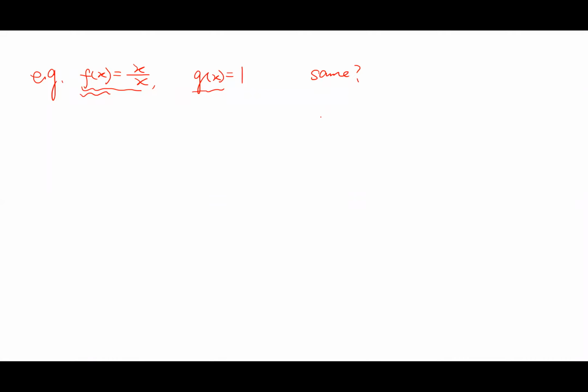Remember that in the first class I told you, to check if two functions are the same, we must have the same domain and the same rule, right? So for the first function, x cannot be 0. But for the second function, x can be all real numbers. That's why they are not the same.